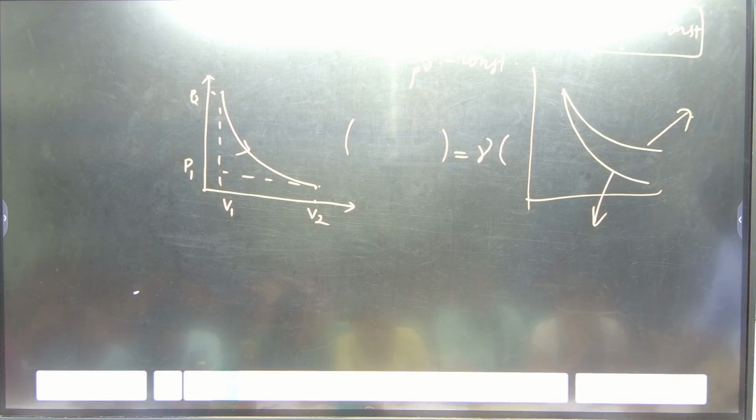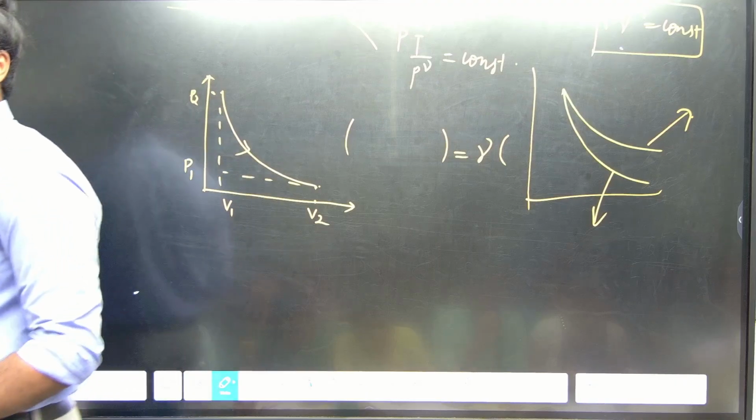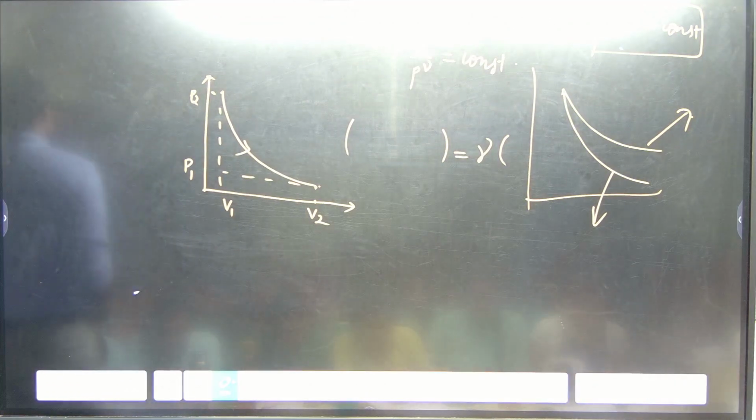T1 minus T2 they have given, no. Now in terms of pressure and volume, temperature is directly proportional to PV, no. So T1 in the sense P1 V1, T2 in the sense P2 V2.